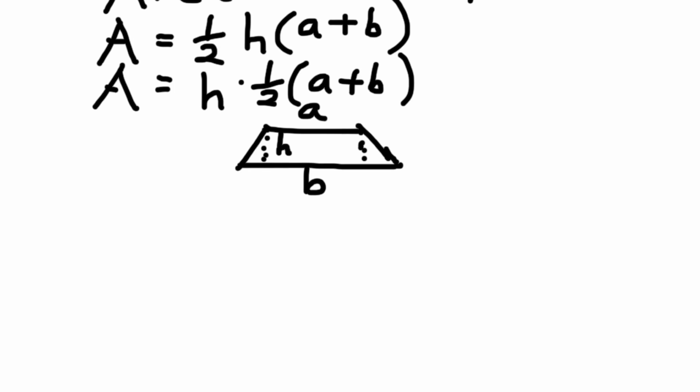So the hard part about this is you're going to have to know what's the base and what's the height, so you can plug it in. Otherwise, the plugging in part is the easy part of this. So let's say we had one. Pretend that those two bases are parallel.